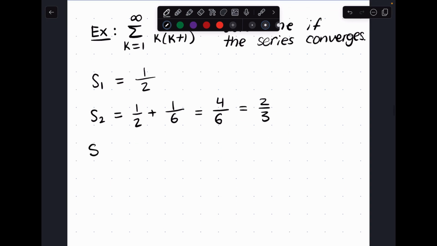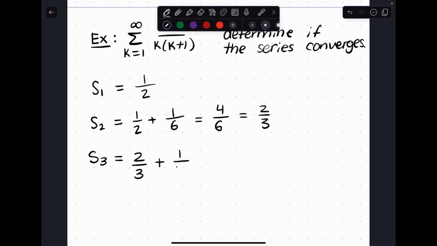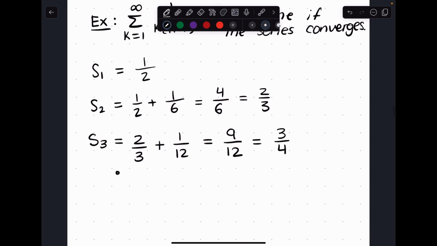And then we can look at S3. So we'll take that 1/2 plus 1/6, which is 2/3, plus 1 over 3 times 4, so 12. And we get this is equal to 8 plus 1, so 9 over 12, or 3/4. And we can keep adding up these partial sums and notice a pattern.